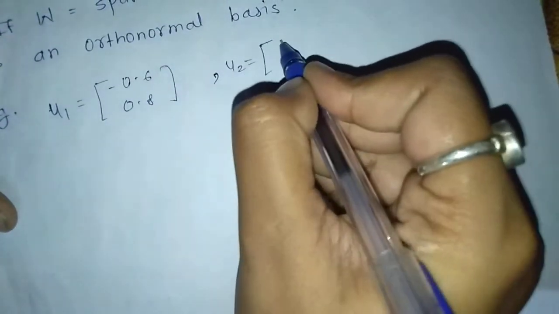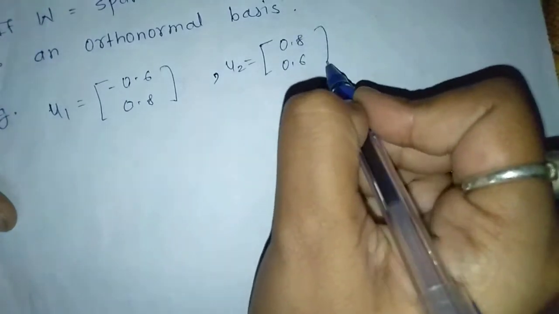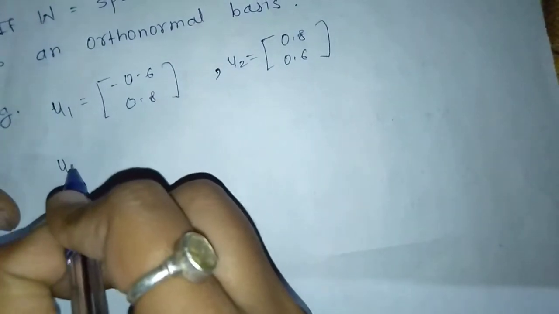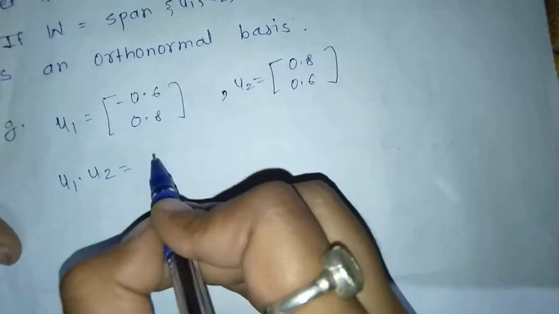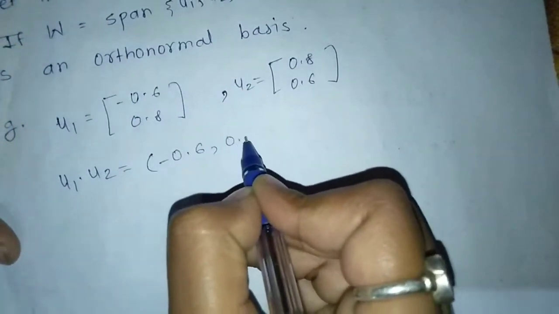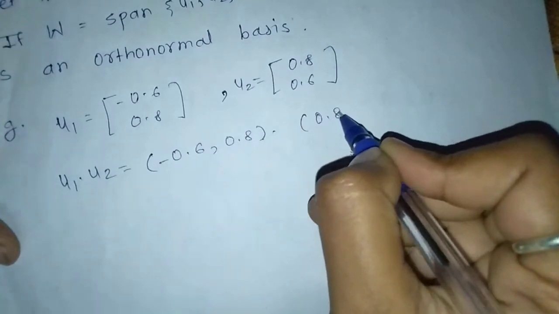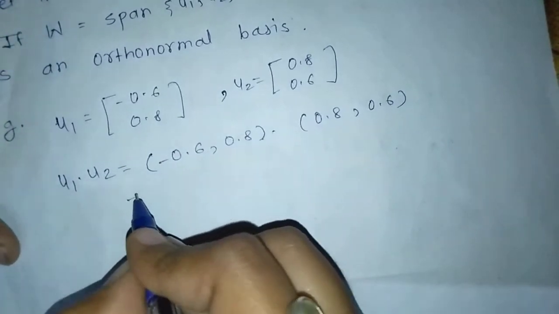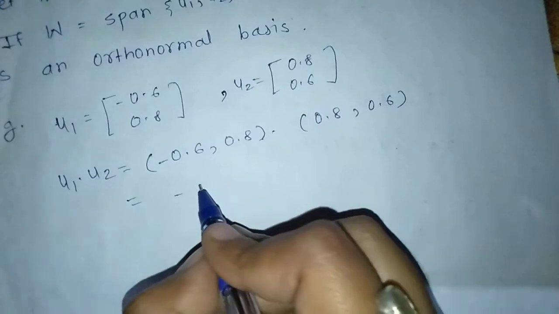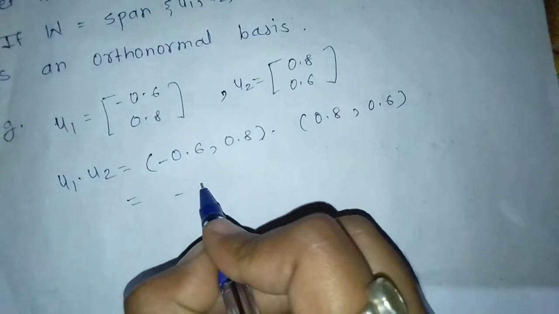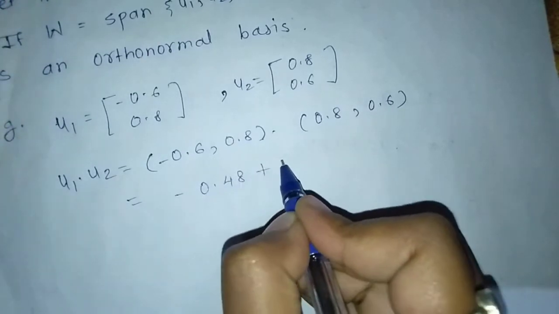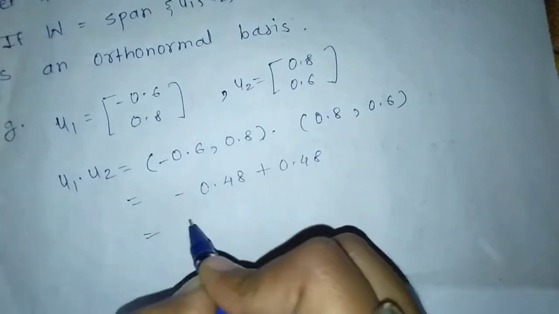For example, if we take two vectors u1 is equal to (-0.6, 0.8), u2 is equal to (0.8, 0.6). So first calculate u1 dot u2, we get (-0.6, 0.8) dot (0.8, 0.6) is equal to -0.48 plus 0.48 is equal to 0.